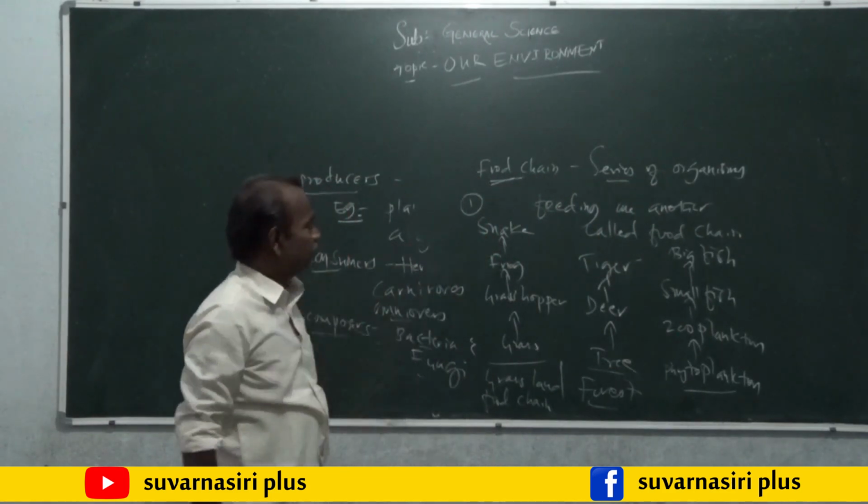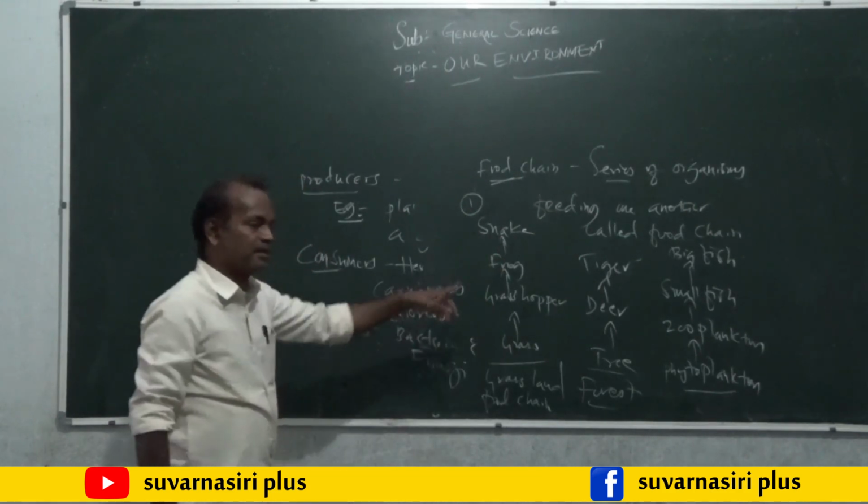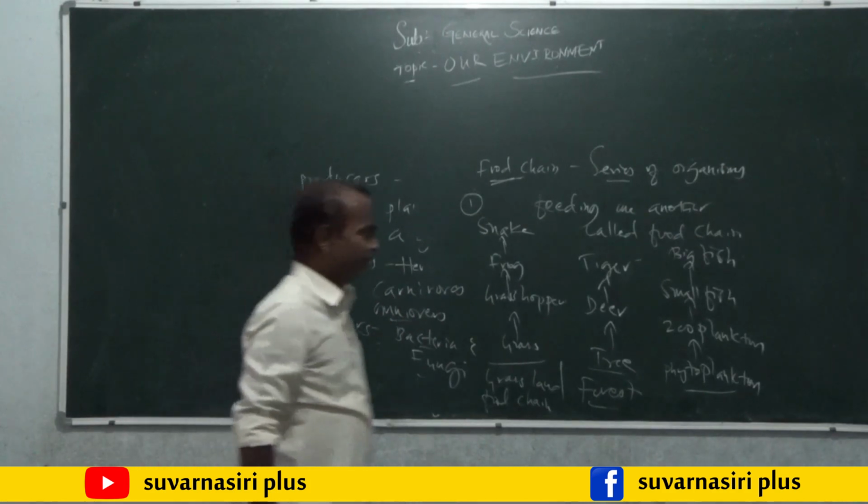After the food chain, it is connected with one more term, that is the trophic levels. What is meant by trophic levels?